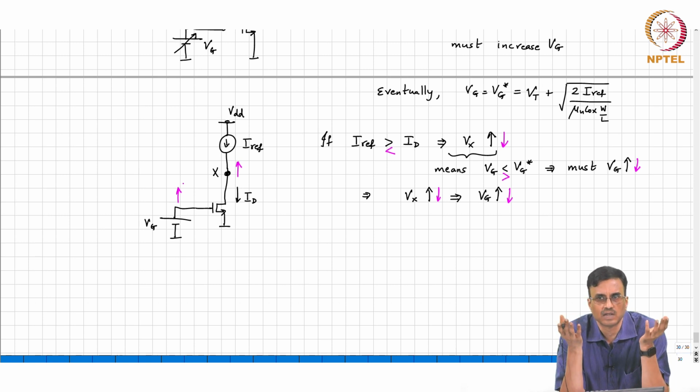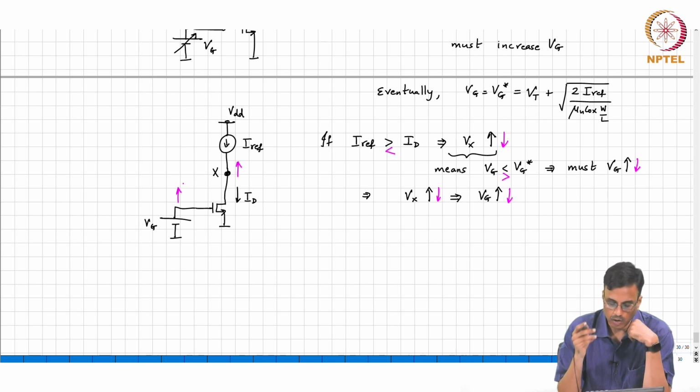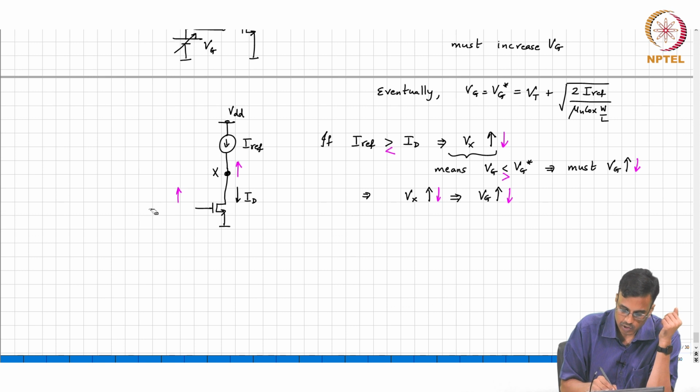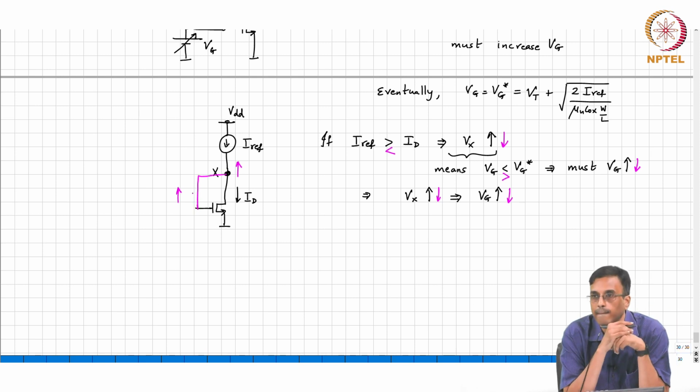So, what is the simplest way of doing this? The easiest way to do this is to simply short the gate to the drain. All right.